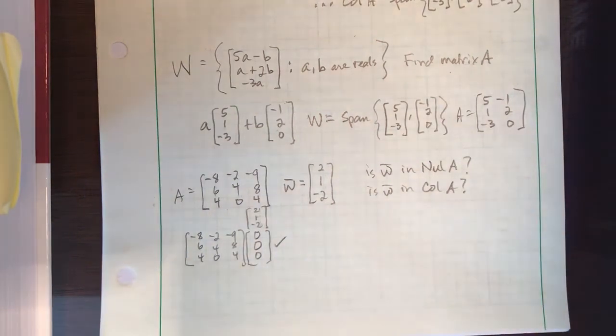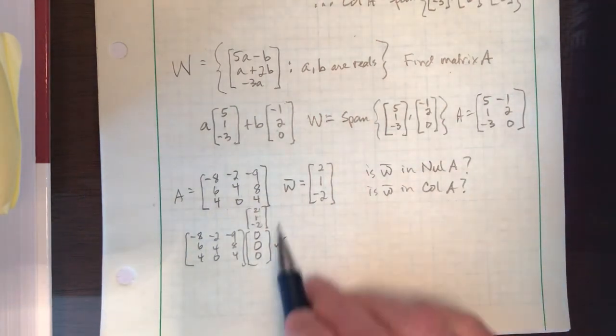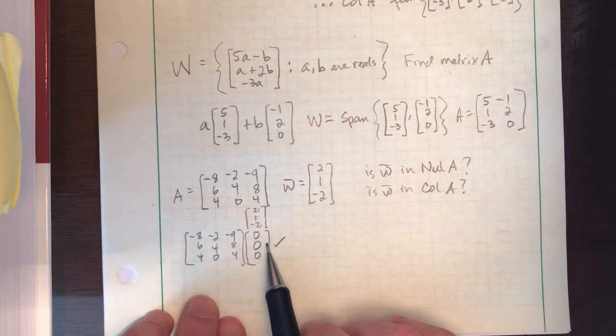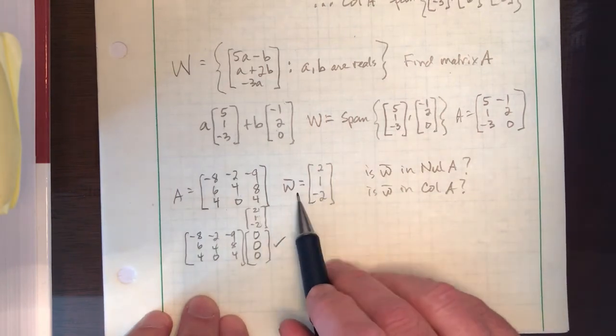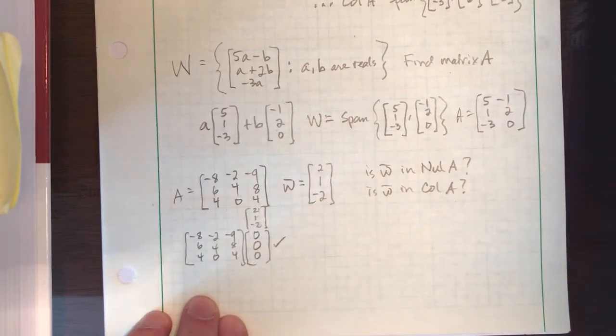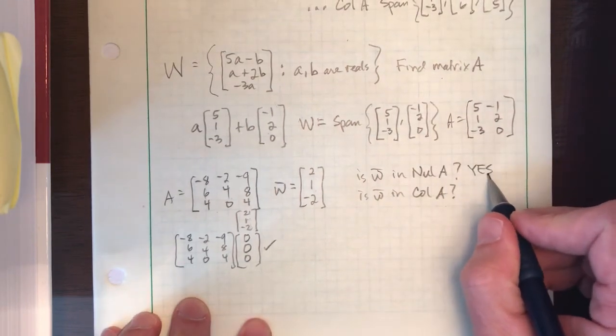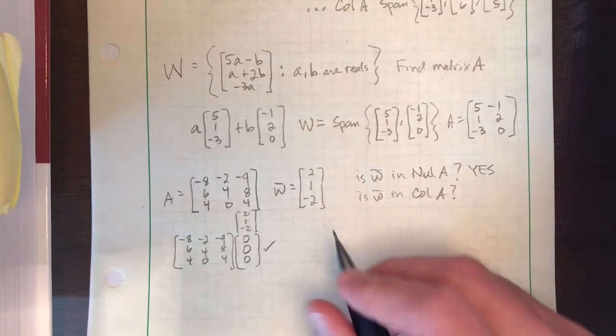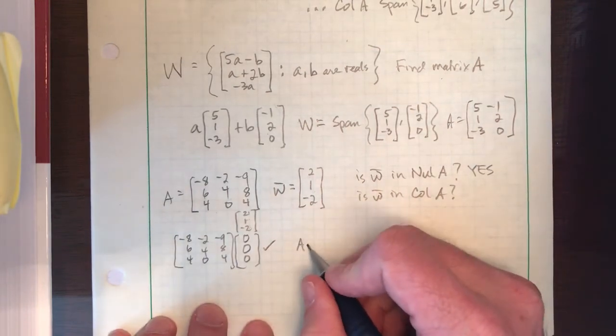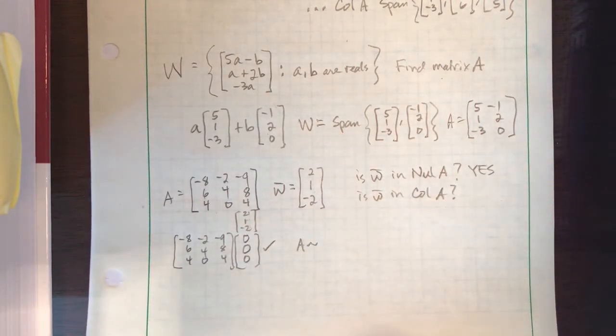Ding! Looks like we got it. So we verified by multiplying that W was sent to the 0 vector. So is W in the null space? The answer is yes.